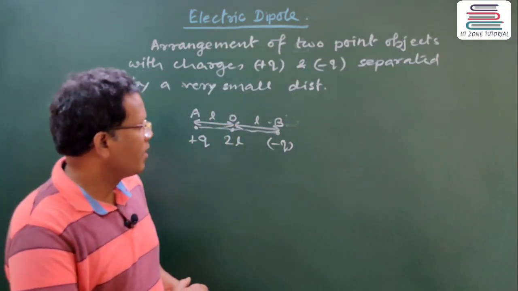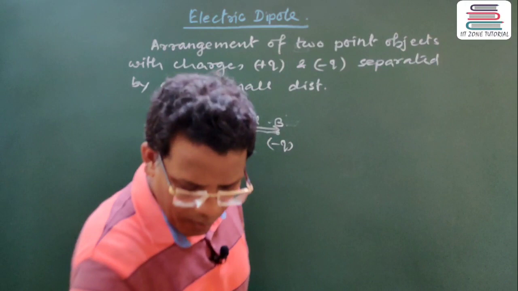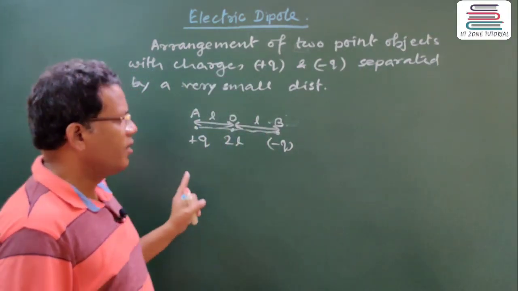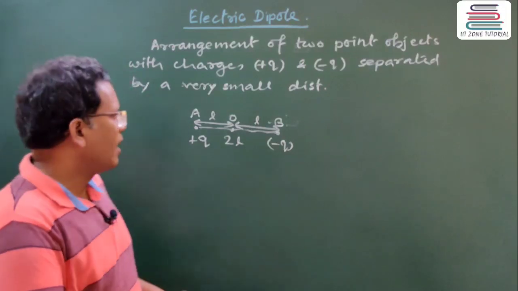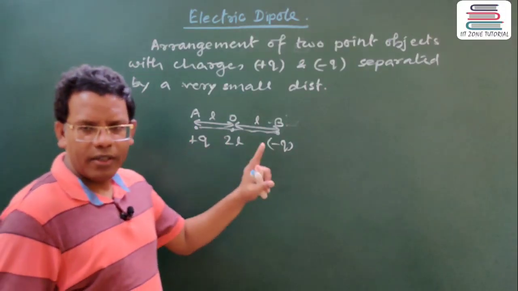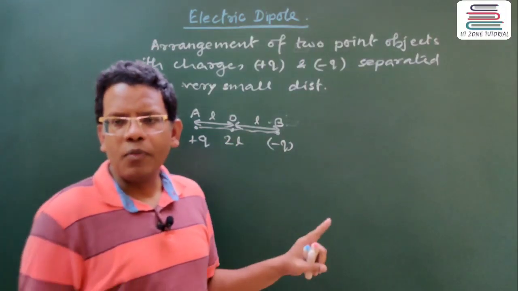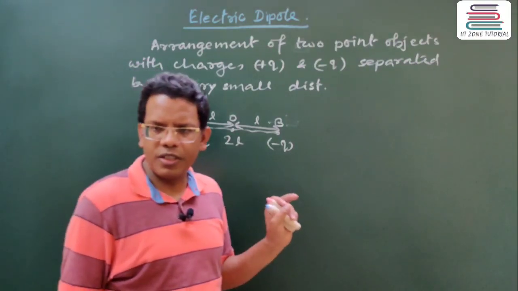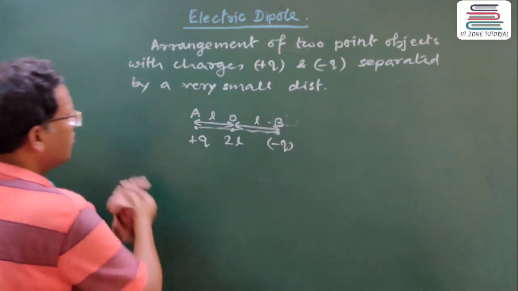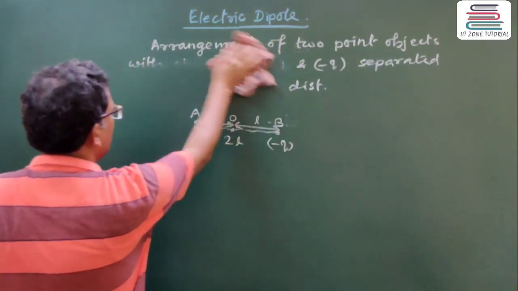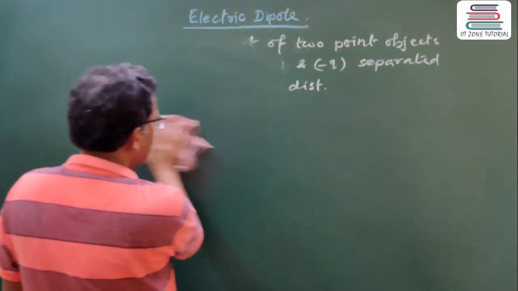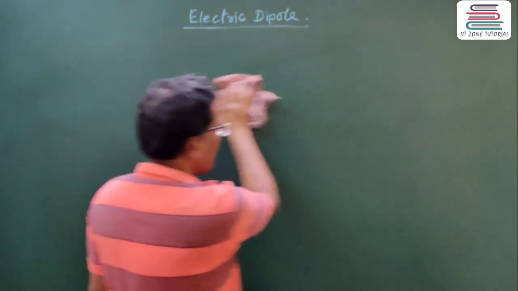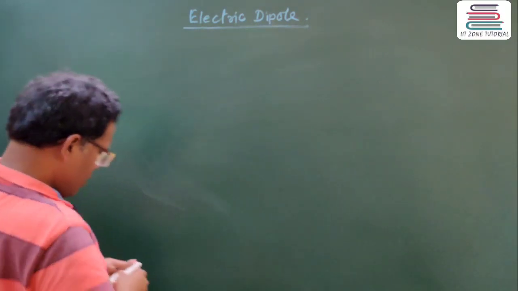One by one we will discuss the effect of this dipole, the potential and field values, at all these three positions. First we will discuss the potential and field at a point on the axis of the dipole.